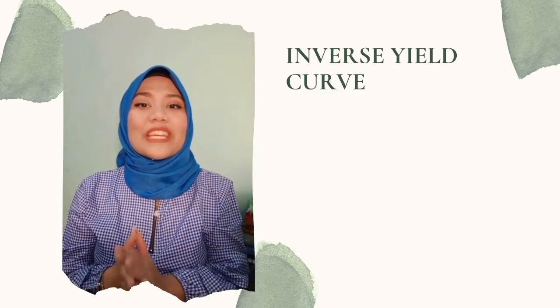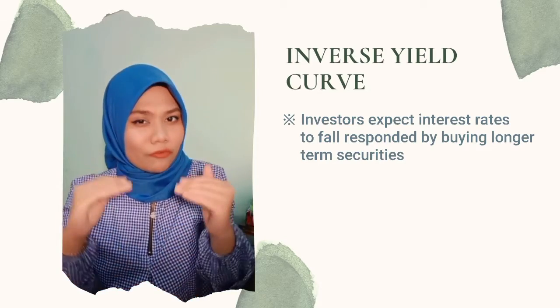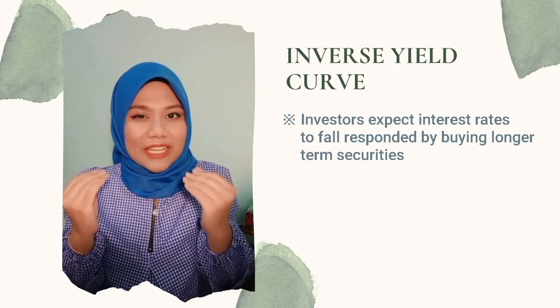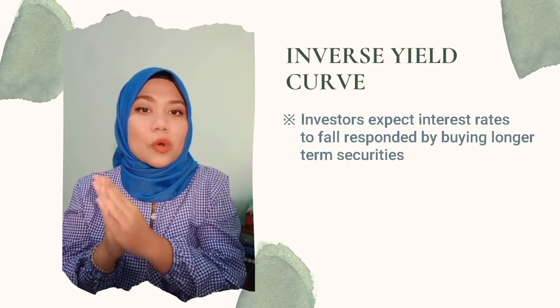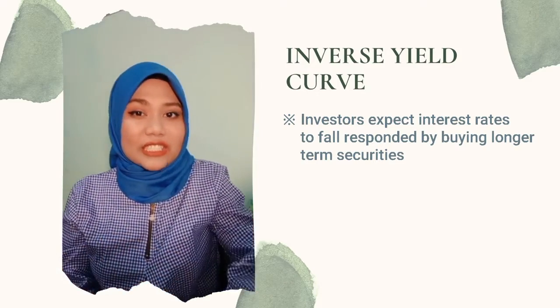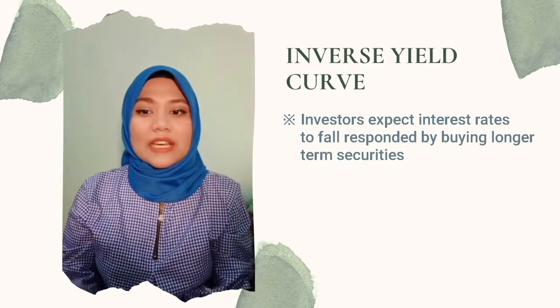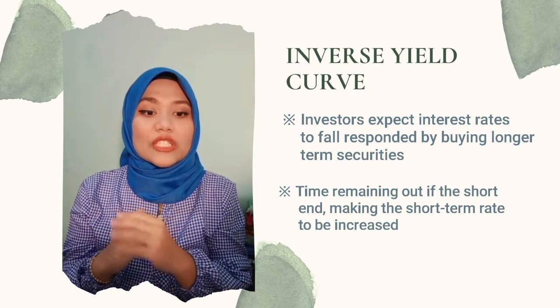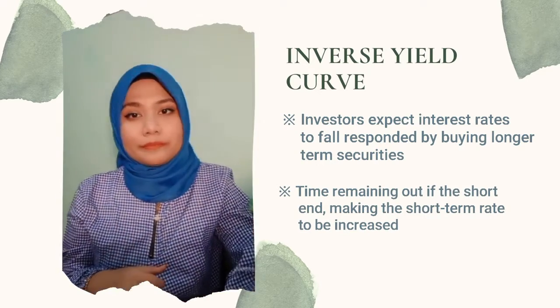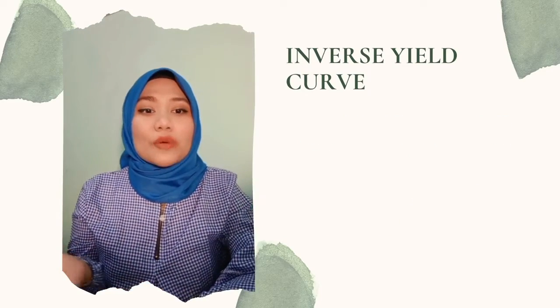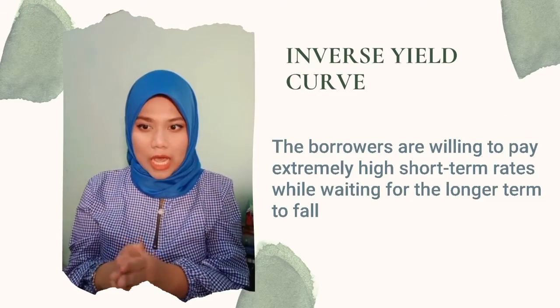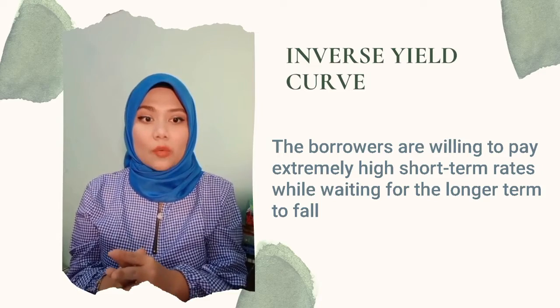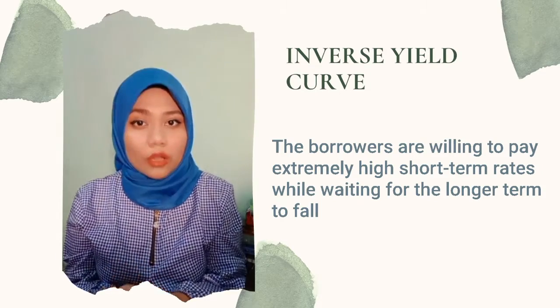Next, when the investor expects interest rates to fall, they respond by buying longer-term securities with the hope of locking in a higher yield. In the meantime, money is remaining out of the short end of the market, causing the short-term rate to increase. In the end, the borrowers are willing to pay extremely high short-term rates while they are waiting for the longer rate to fall.